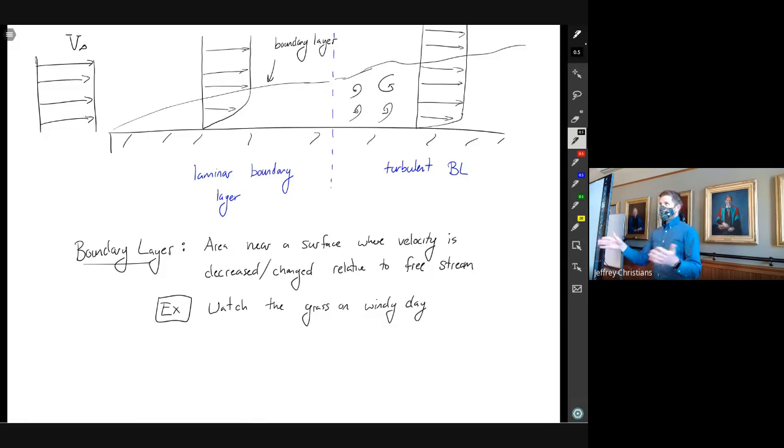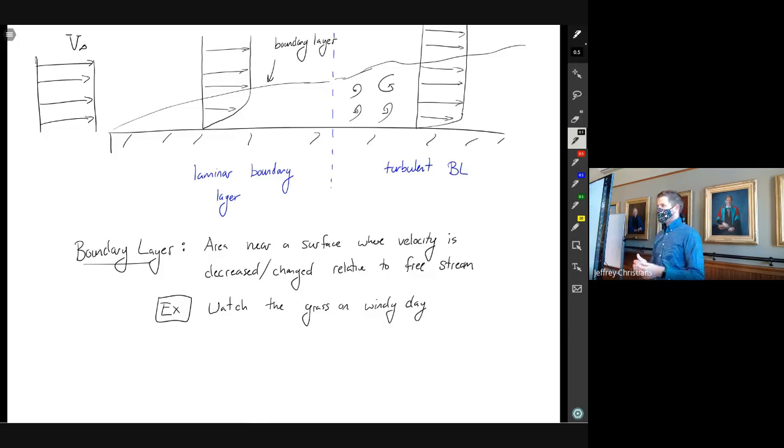The wind can still pick things up off the ground because of shear stress. So if you see the wind blowing over sand, it'll pick up the sand and move it because there is shear stress there. But the velocity at the ground is 0. So if you look at the grass, it doesn't really do anything.